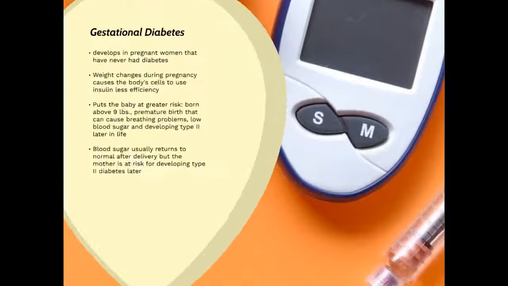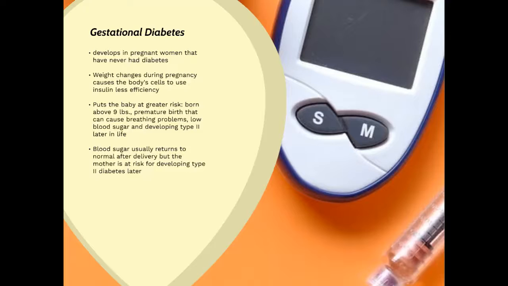And then gestational diabetes. This develops in pregnant women that have never had diabetes. Weight changes during pregnancy cause the body's cells to use insulin less efficiently, which puts the baby at a higher risk.